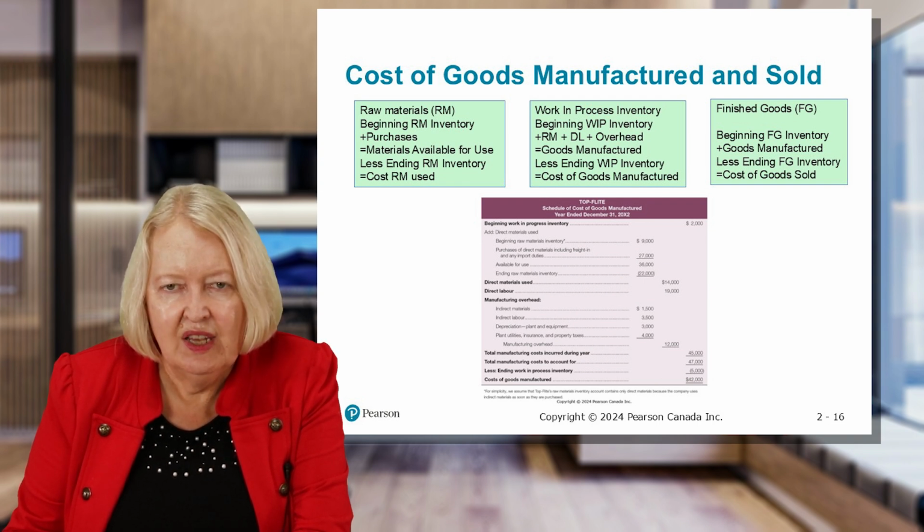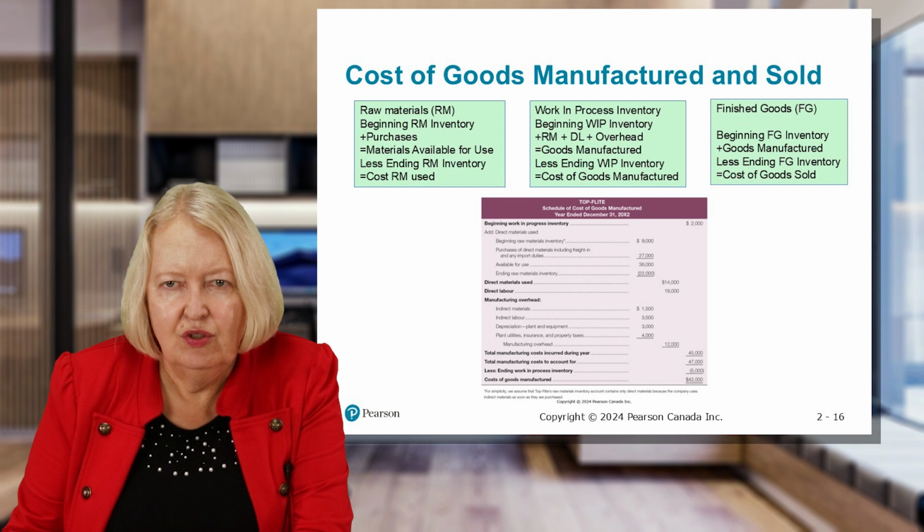For work in process, you start off with the beginning work in process inventory. You add in your raw materials, your direct labor, and your overhead. That gives you your goods manufactured. Then you subtract your ending work in process, which will give you your cost of goods manufactured.